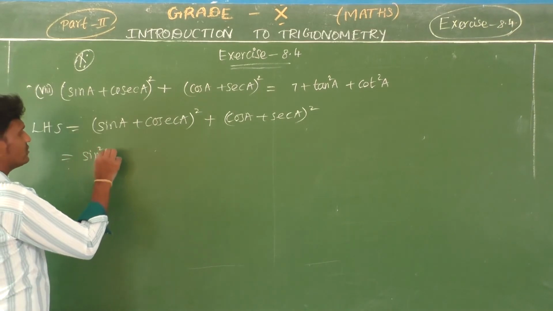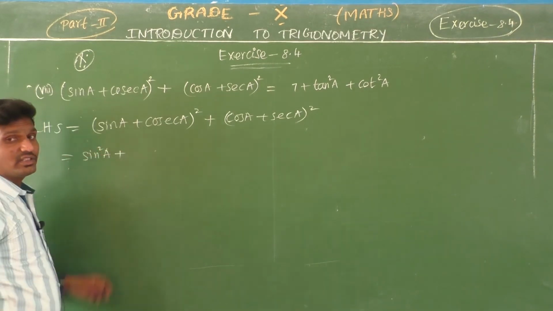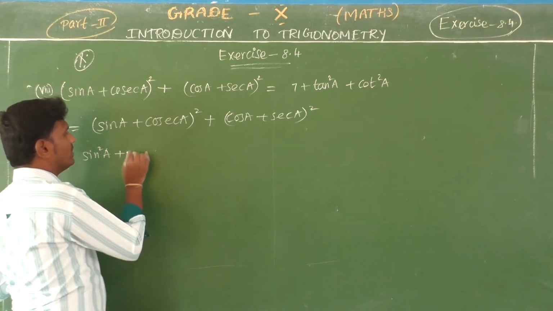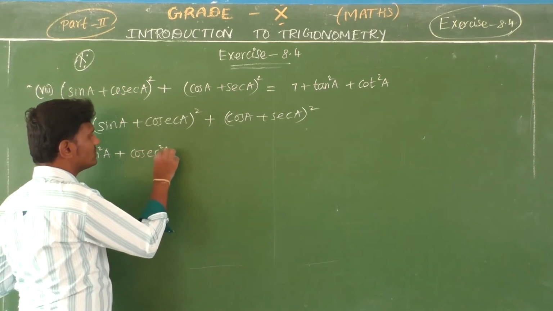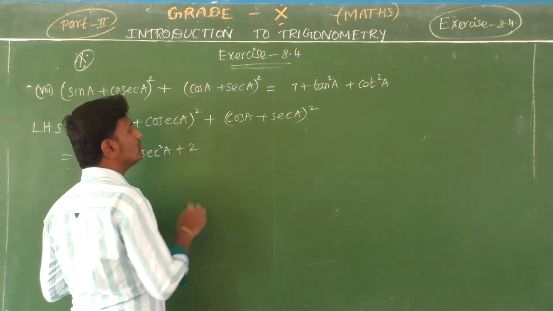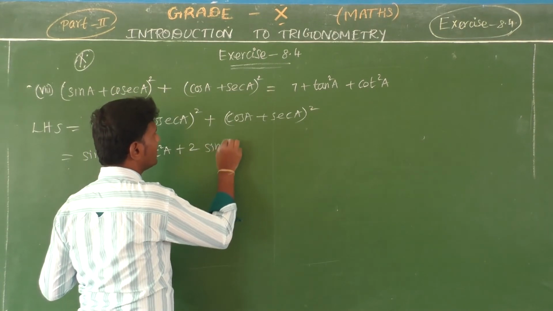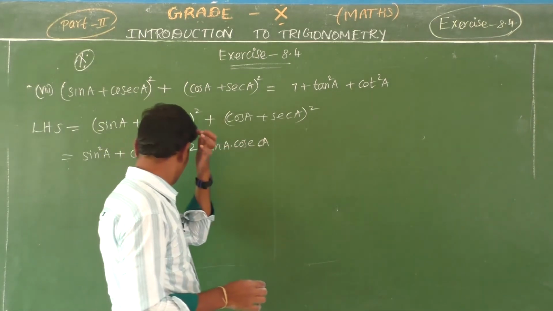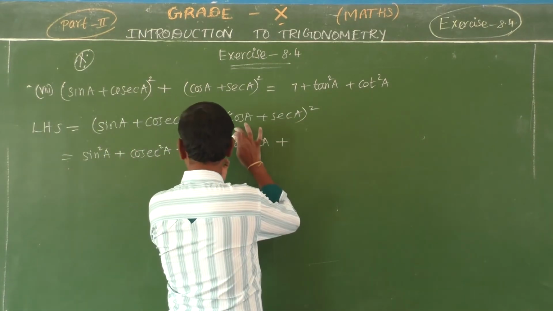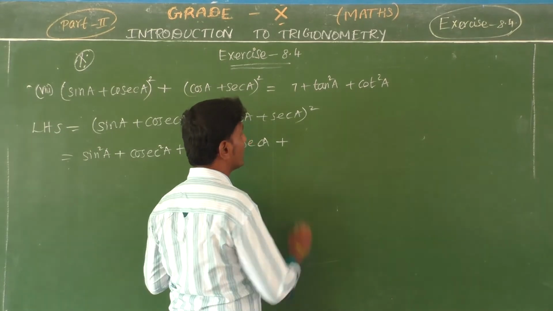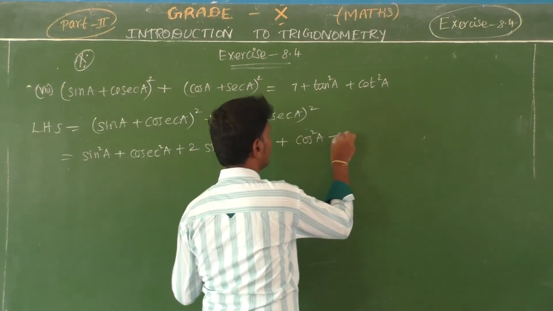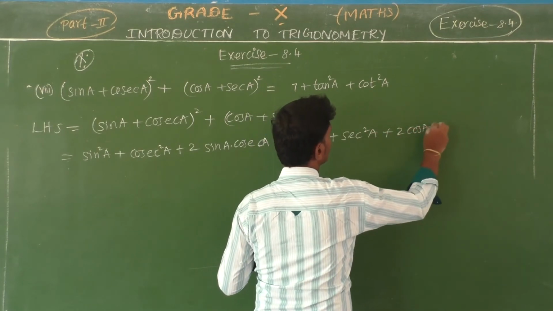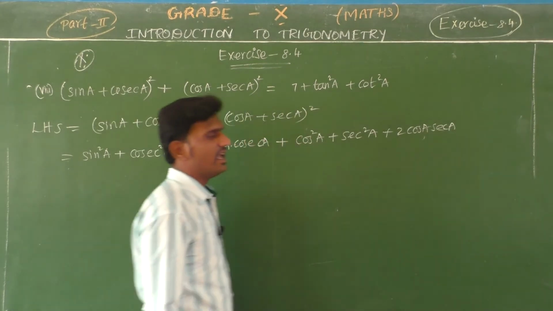For sin A plus cosecant A the whole square, A square means sin square A, plus B square means cosecant square A, plus 2 into AB, means sin A into cosecant A. Got it, children? Then the second bracket is cos A plus secant A the whole square. So cos square A plus secant square A plus 2 cos A secant A.